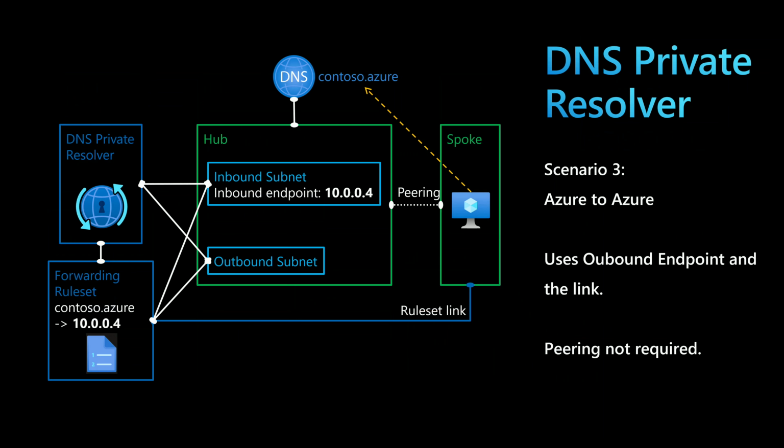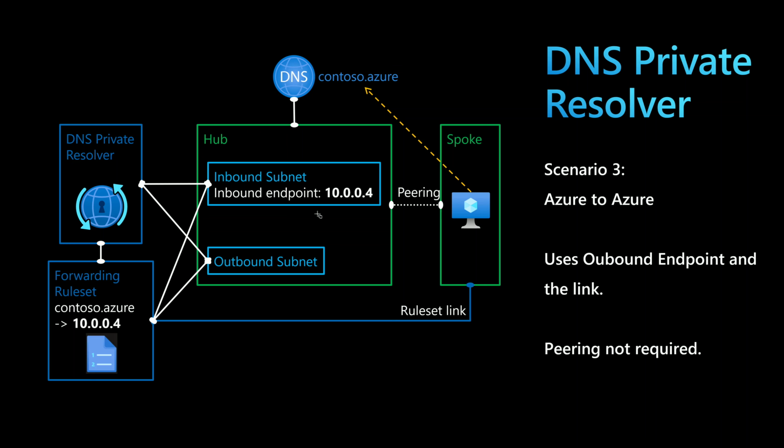And now let's check the third use case, where we want to use DNS private resolver to resolve domain names from Azure to Azure. Here I don't have an on-prem environment, but still the architecture and the components are almost the same. A virtual machine hosted in a spoke network wants to resolve contoso.azure, which is under the private DNS zone linked on the hub.